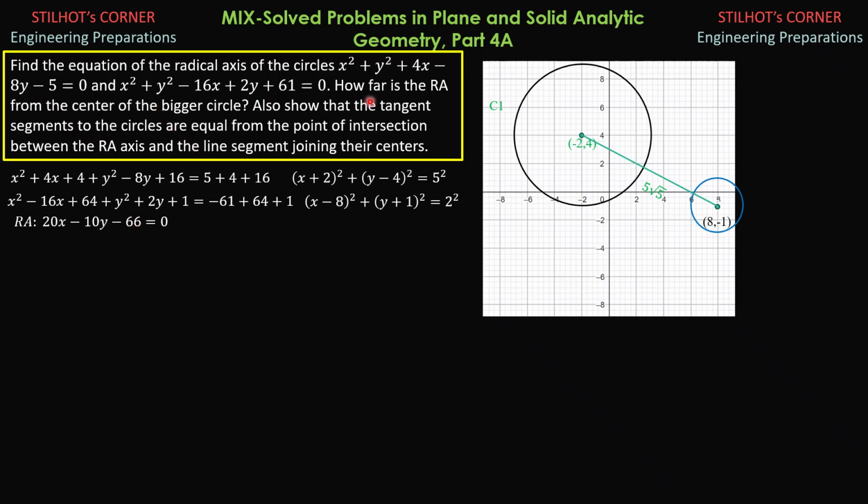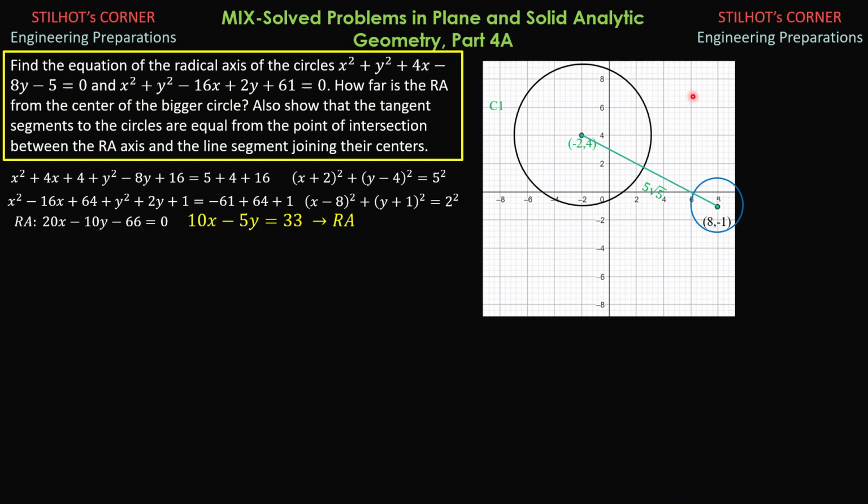And negative 5 minus 61 is minus 66 equals 0 after we eliminate x squared and y squared terms. So this is a line, but let's simplify this further into 10x minus 5y minus 33 equals 0, or 10x minus 5y equals 33. So that's the equation of the radical axis.